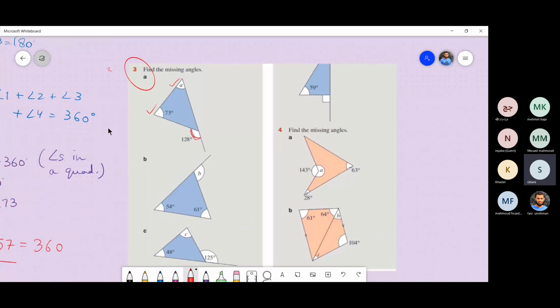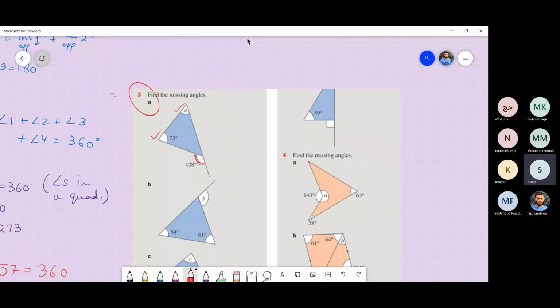So what will be the equation which I will write? A plus 73 equal to 128. Exactly. A plus 73 should be equal to 128 because these are exterior angles.